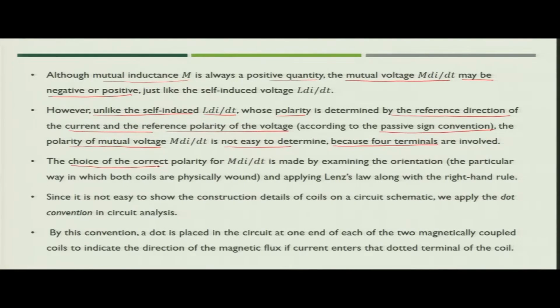The choice of correct polarity for M d I by dt is made by examining the orientation of the coils, that means the way in which both coils are physically wound, and then applying Lenz's law along with the right hand rule.